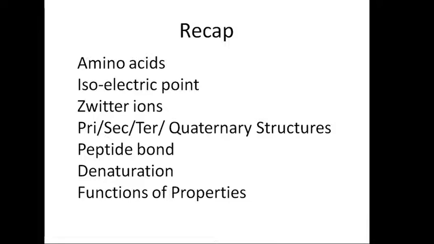You are now familiar with the primary, secondary, tertiary, and quaternary structures of proteins. You now know what a peptide bond is, what denaturation of proteins is, and the different functions of the proteins in the biological systems.